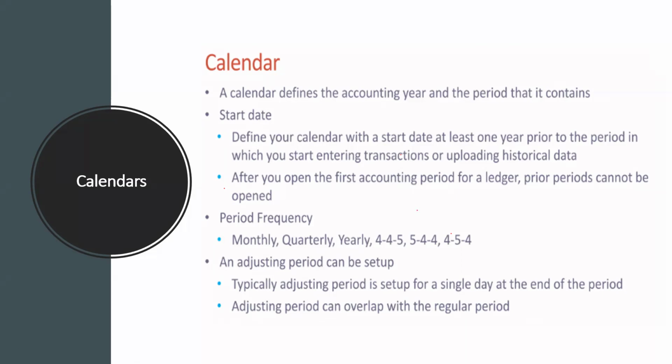For the UK and US, the accounting calendar would be January to December, whereas in India our financial year is April to March. The company is the same, ABC Limited, but based on country the calendar also changes.